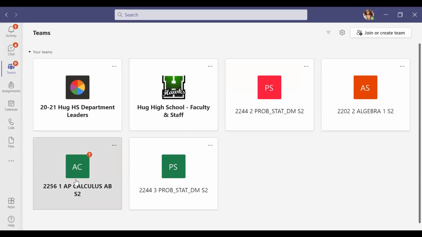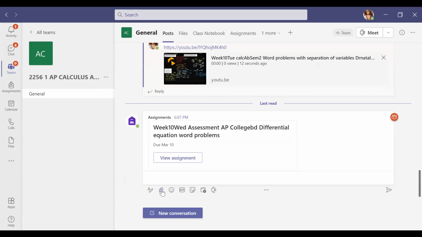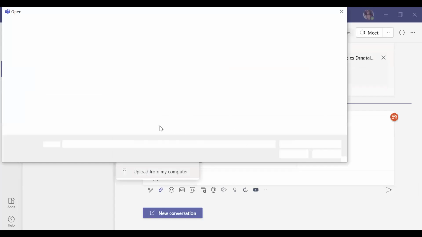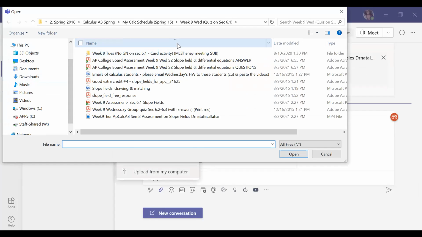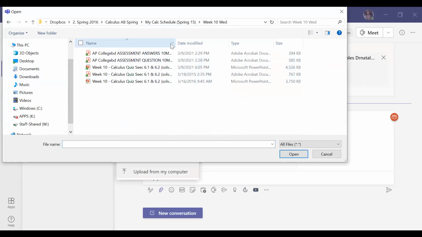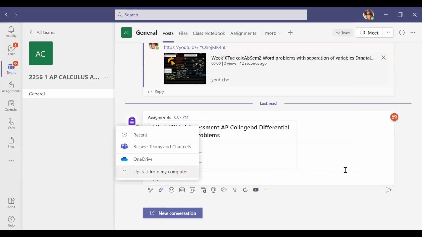So I'm going to go back over here, and I'm just going to attach it. Upload from my computer. Week 10. Open.